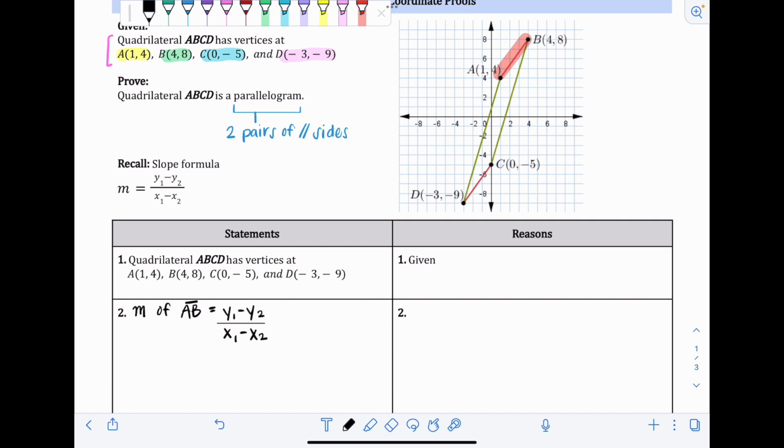Okay, so segment AB has vertices at point A, (1, 4), and point B, (4, 8). It really doesn't matter which one you make your point 1 and point 2.